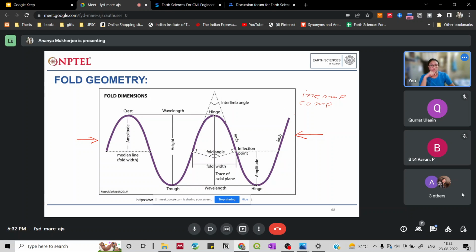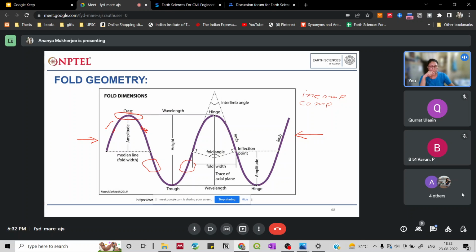forces. So now we can see that when the folds are formed, these are called limbs. This is a limb, this is a limb, then you have this as a limb, and then this as a limb. So the fold is formed of limbs. And where these limbs meet on top, that is called the crest.